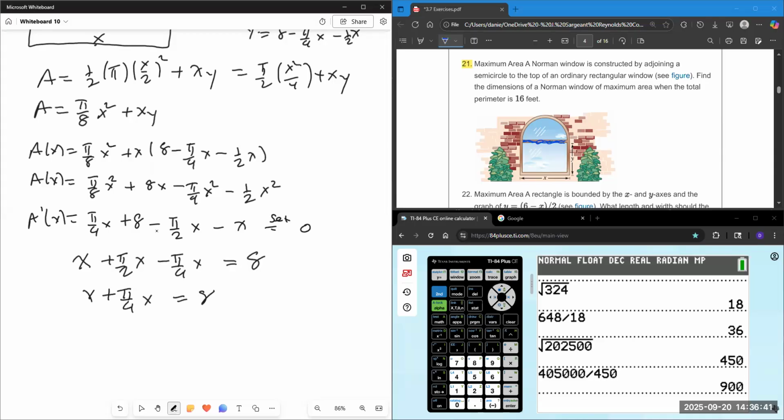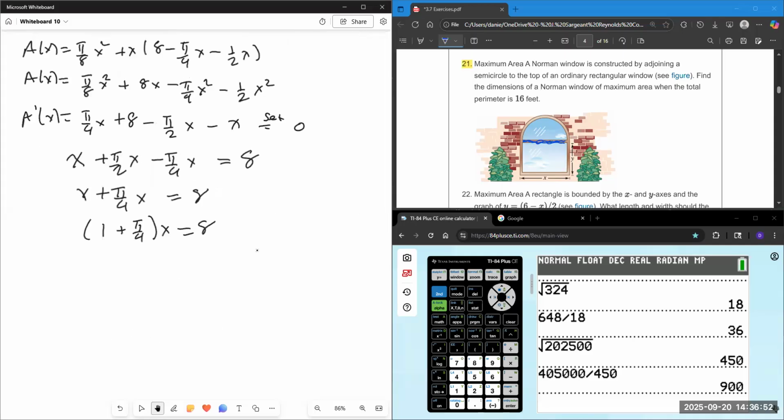And so if I pull an x out, I have 1 plus pi over 4 times x equals 8. And so I have x is equal to 8 over 1 plus pi over 4. I want to eliminate that complex fraction there. I'm going to call this 32 over 4 plus pi, or pi plus 4. And that is going to be my x value.